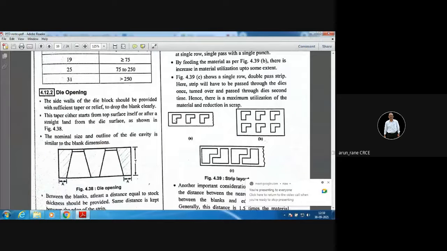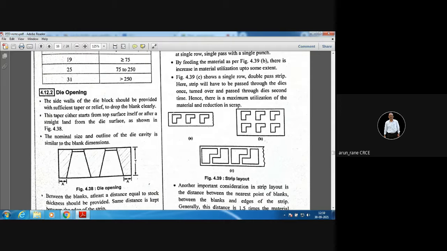Now in this 2000 mm length, you have to find out how many components you can blank, how many components can be made. Say if this width is 50 mm or 48, for easy calculation, suppose this width is 48 and the distance between the two is say 2 mm, so what will be the pitch?